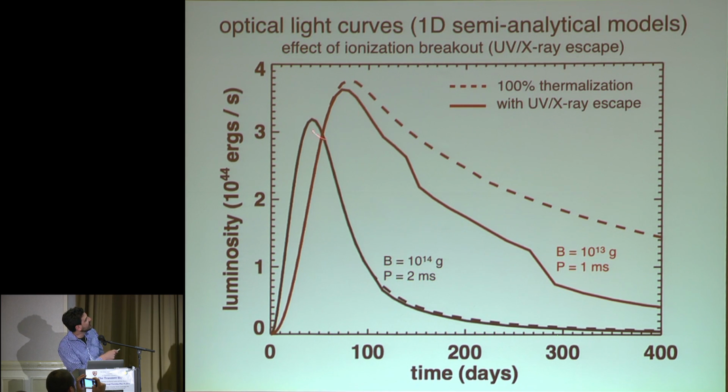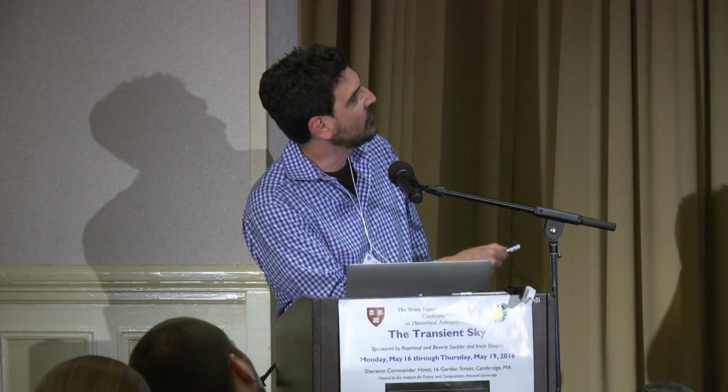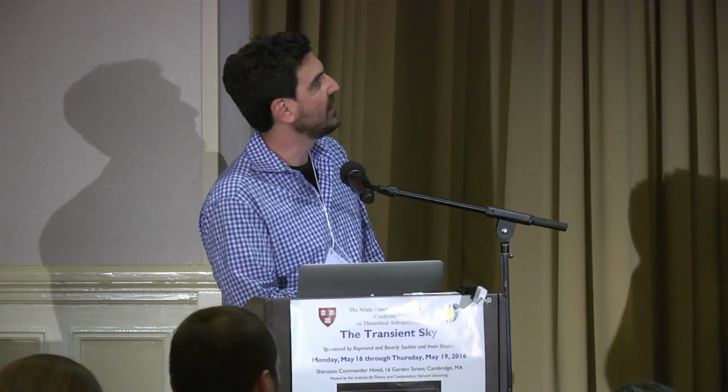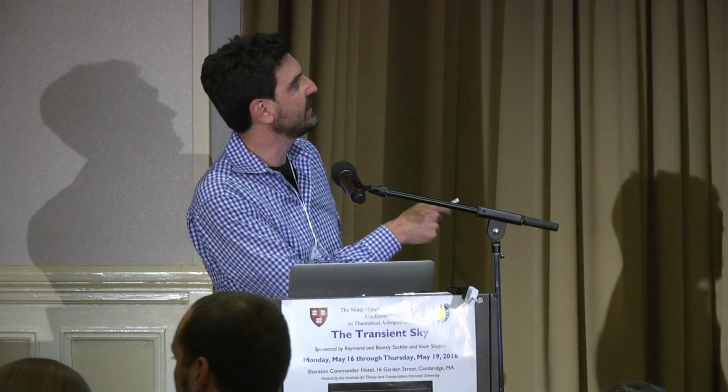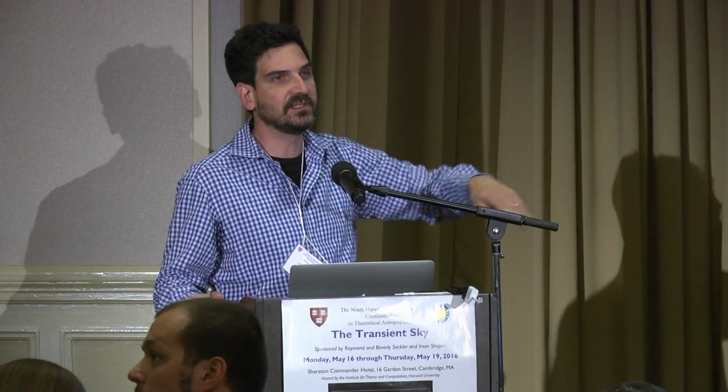But at later times, some of the X-ray or UV radiation may break out, ionize material, and escape through these channels, and then the optical luminosity will drop because some of the energy is getting out at other wavelength bands. That may lead to these sharp drops or plateaus in the luminosity, because when ionization breakout happens, when you suddenly ionize everything, all of a sudden the X-rays can escape. And so you have a sudden increase in the X-ray luminosity and a sudden concomitant decrease in the optical.